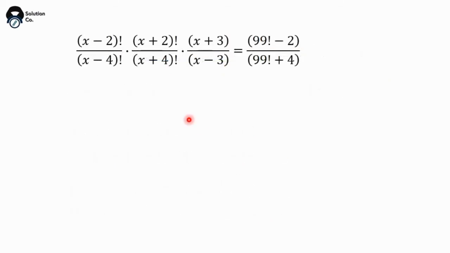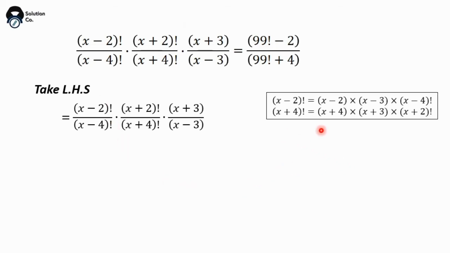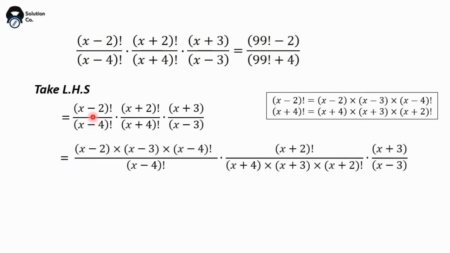Now let's come to our question. First of all, we take the left hand side of this equation. We do some substitution which we have discussed in the previous slide. Just substitute the values of x minus 2 factorial and x plus 4 factorial.